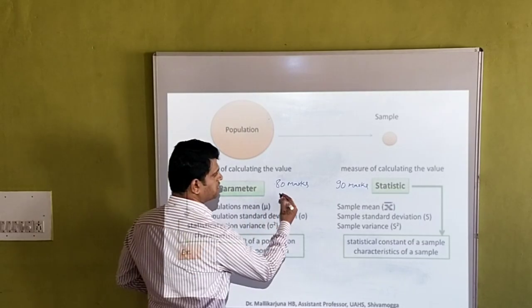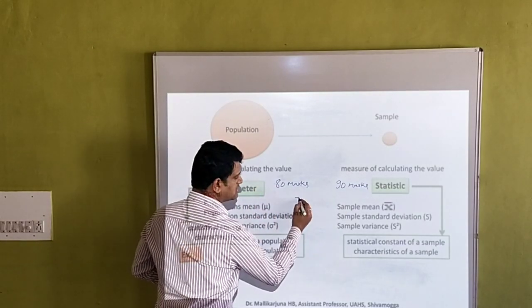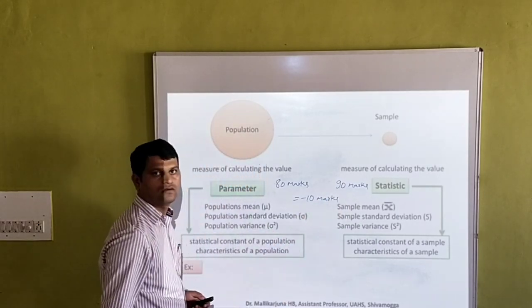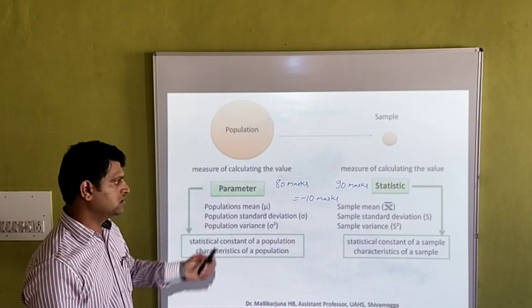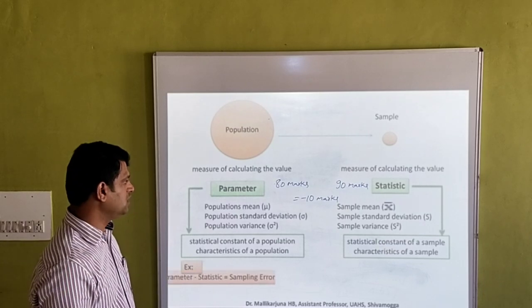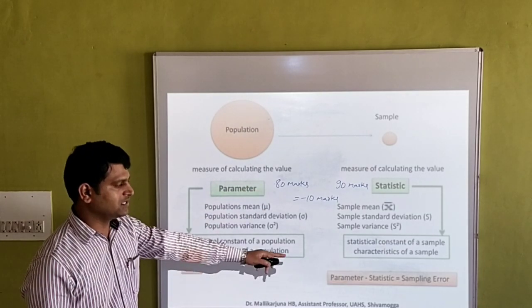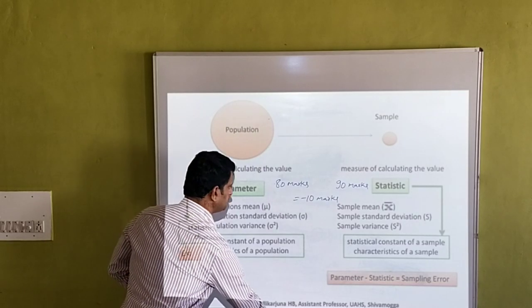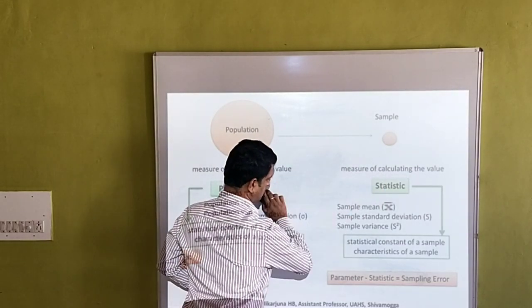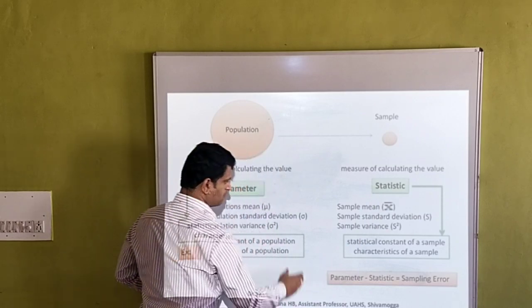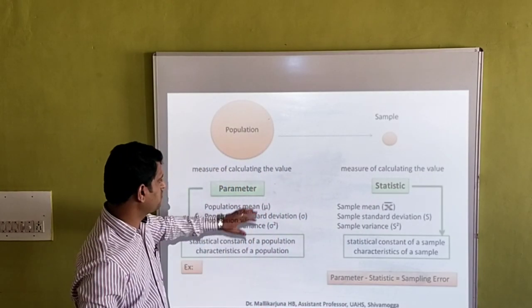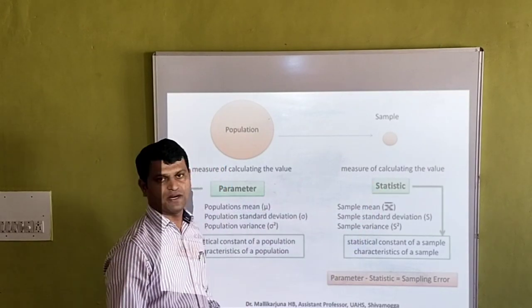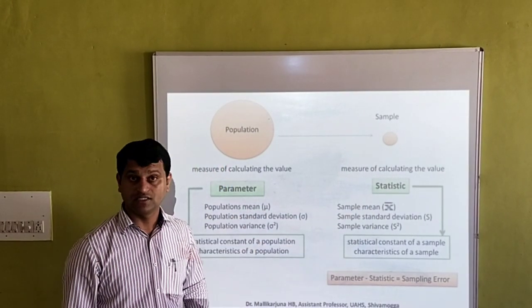The difference between the parameter and the statistic is here minus 10 marks. This difference between parameter and statistic is known as sampling error. Of course, it may be 0 also. Sometimes the parameter is 50 centimeters and the statistic is also 50 centimeters. That depends. In that case, the sampling error is 0.